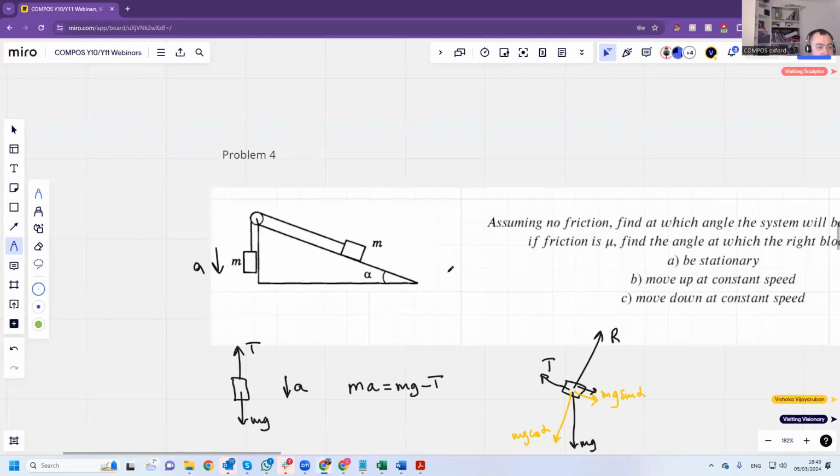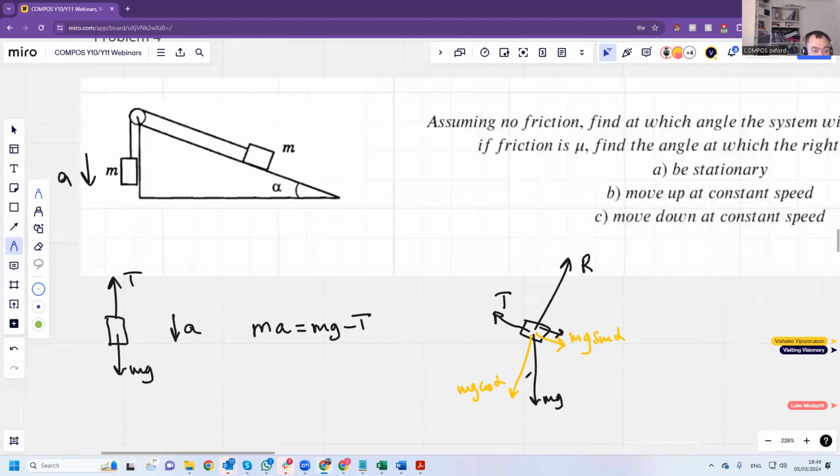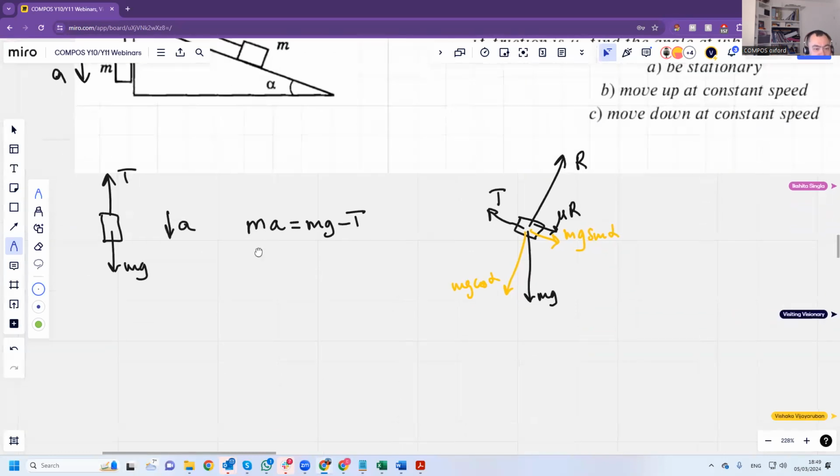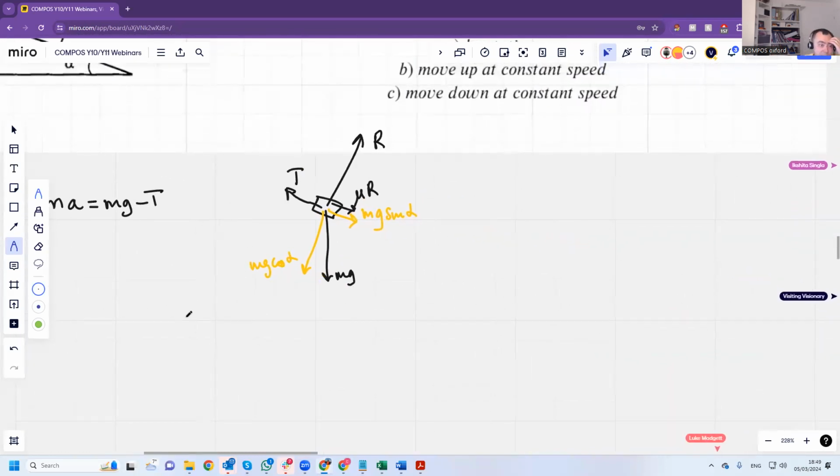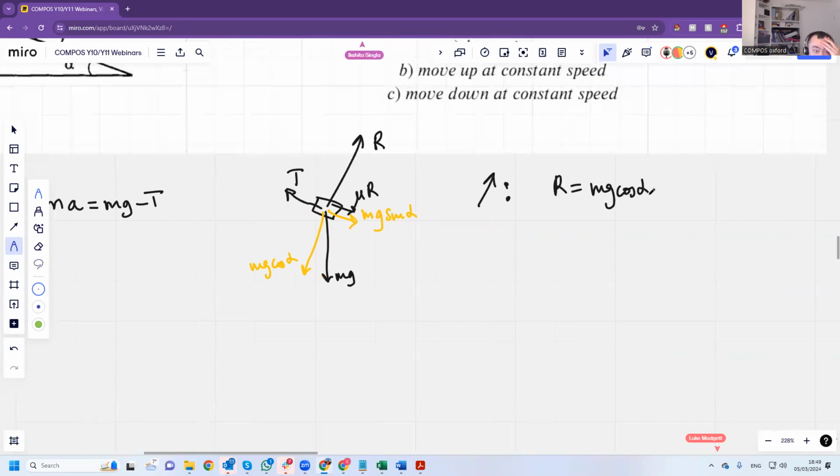And because it is sliding, we know that the friction force is mu R. And we can write two equations. One equation is perpendicular to the slope direction. And we can say that R has to equal mg cos alpha, because otherwise it will fly up or down, which it doesn't. It stays on the ramp.